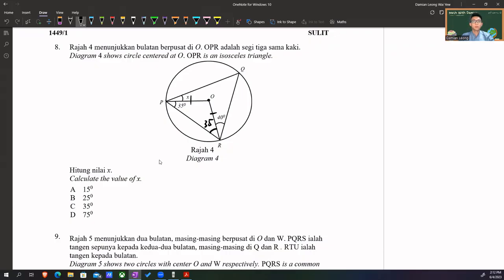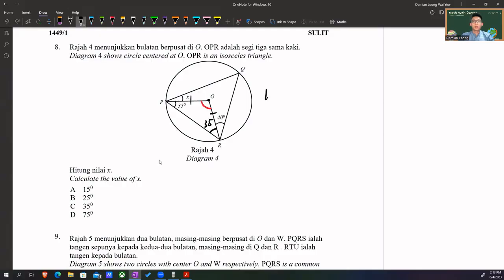Now, what I can do is, there's more than one way of doing this. Either way, we probably want to find this angle here using the OPR triangle.